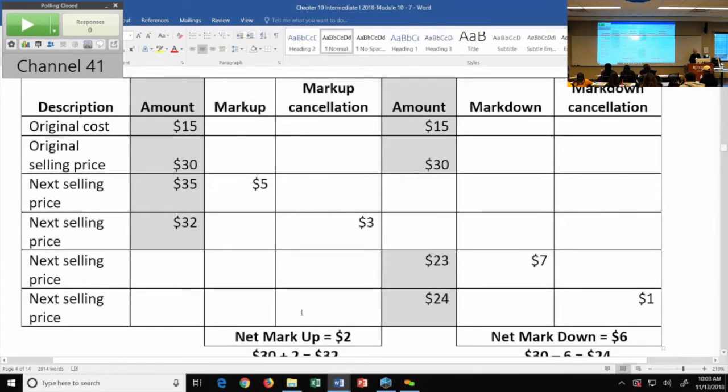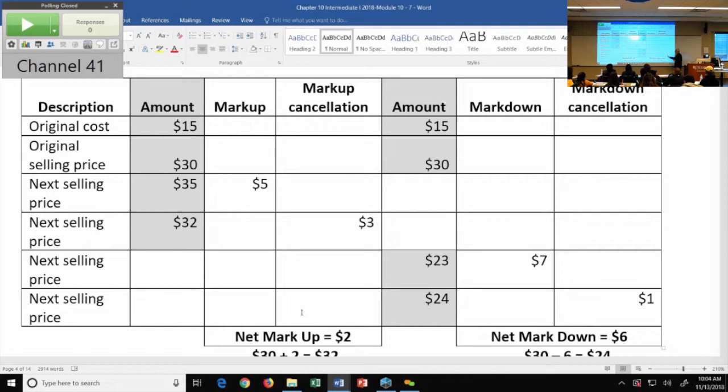On the markdown end, we start with a cost of 15, then our original selling price is 30, then we have to reduce the price to 23. That's called a markdown of 7. Now, if we mark it up again but don't go above the original selling price, it's not a markup but a markdown cancellation.